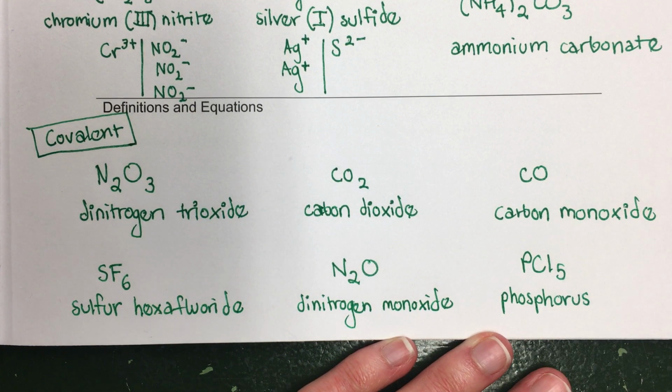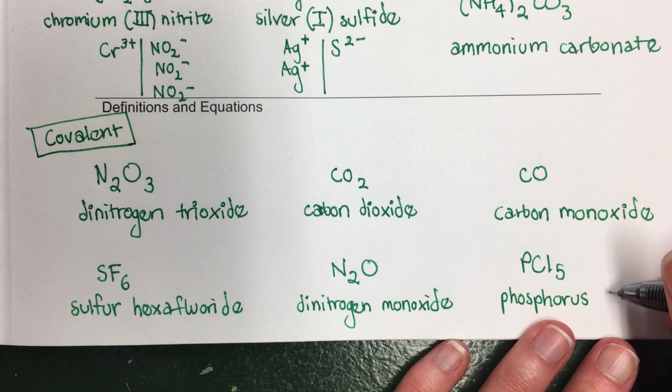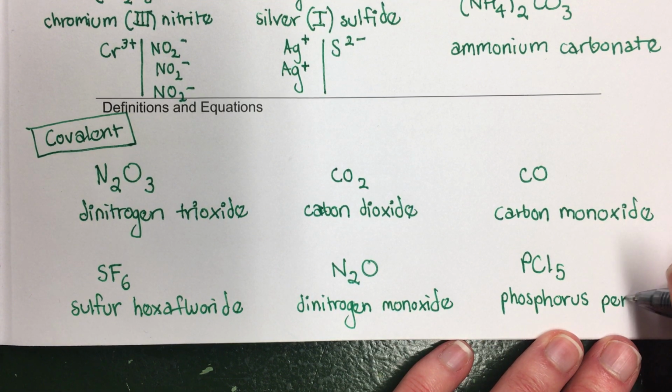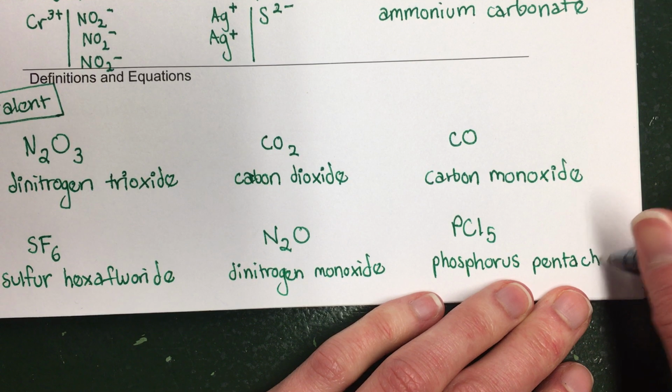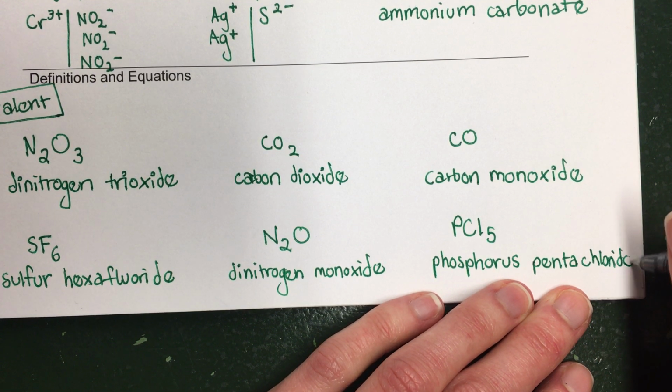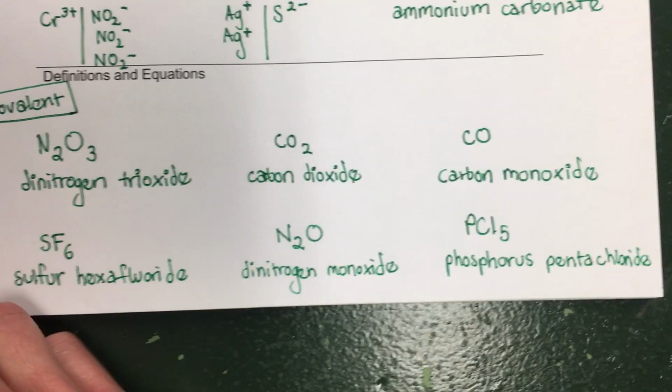And then 5 chlorides, so that's going to be pentachloride. Phosphorus pentachloride. All right, so that is how you name ionic and covalent compounds.